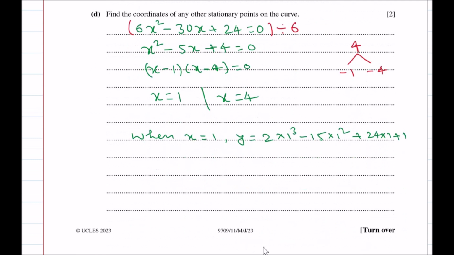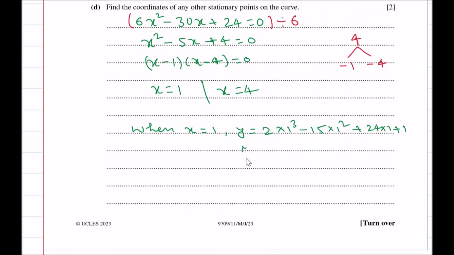So if you simplify this and calculate, we get y equal to 12. So the coordinates of this other stationary point are 1, 12.